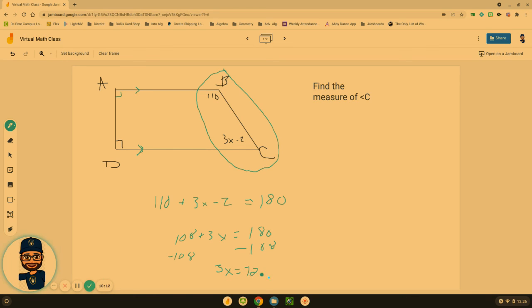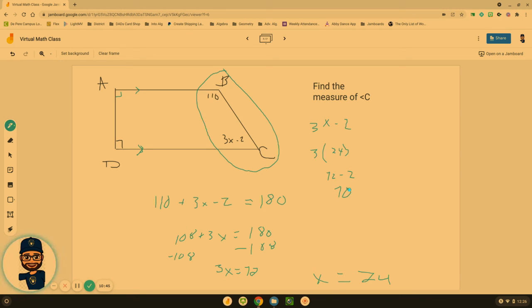And if we divide by 3, we get x equals 24. All right, should we stop there? Not quite, right? It doesn't want us to find x. It wants us to find the measure of C. So I'm going to plug that into the measure for C now that I know x is 24. 3 times 24 is 72, minus 2 equals 70.